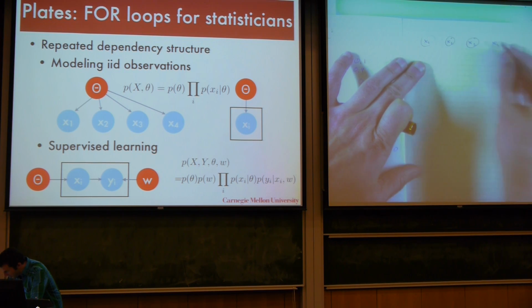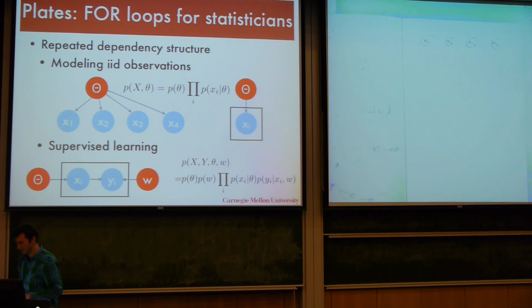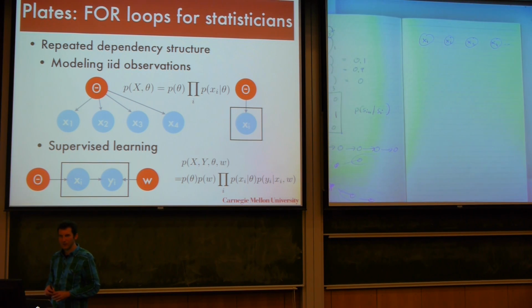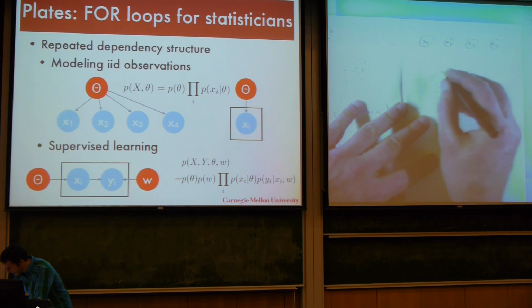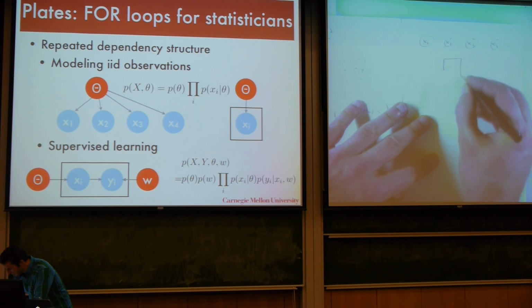They're all independent and drawn from the same distribution. Just like you could write a for loop, rather than print 1, print 2, print 3, and so on, you could write for i equals 1 to 10, print i. Just like loop unrolling, you could write it out explicitly, but that is much more compactly represented by just saying, repeat the structure.